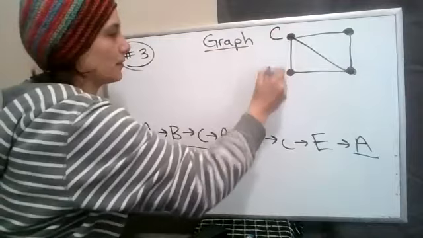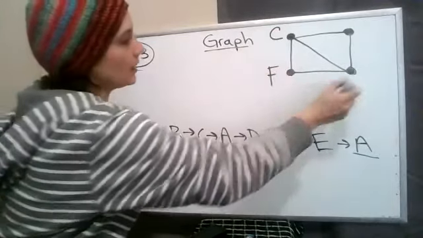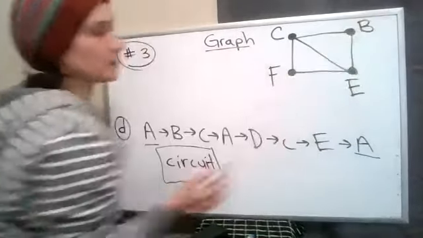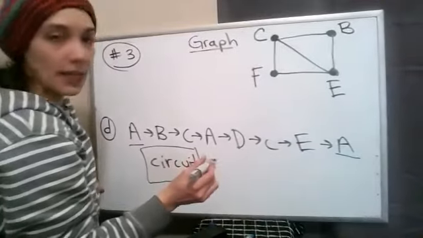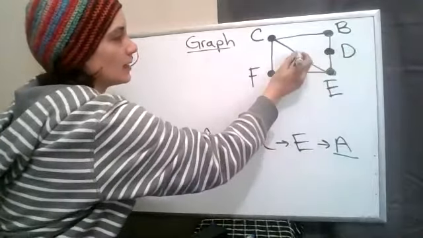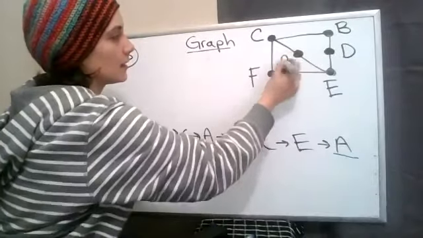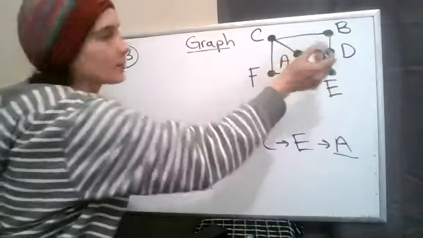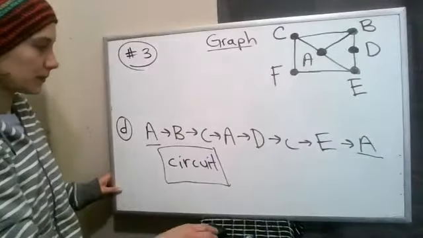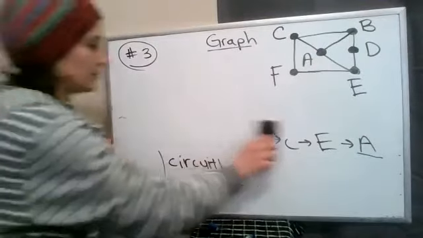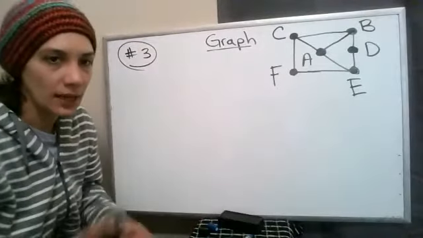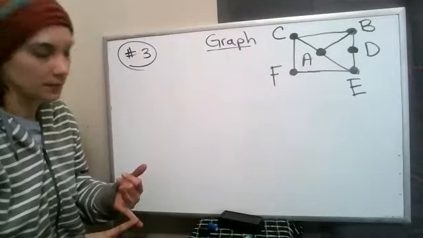C, F, E, B. And put a vertex right there called D. And right here is called A. And connect A to B. That's the graph. And it should be the same question. Is it a walk, path, circuit, or neither?